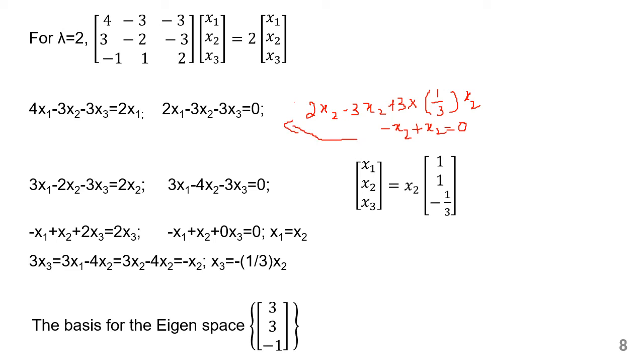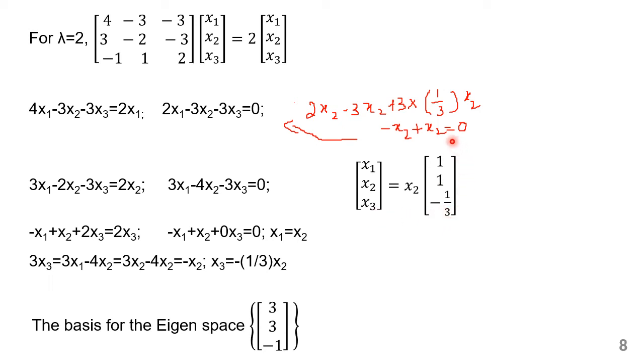Now I can write the variables x1, x2, x3 in terms of x2. x1 is equal to x2, where x2 itself is 1 and x3 is given by minus 1 by 3.